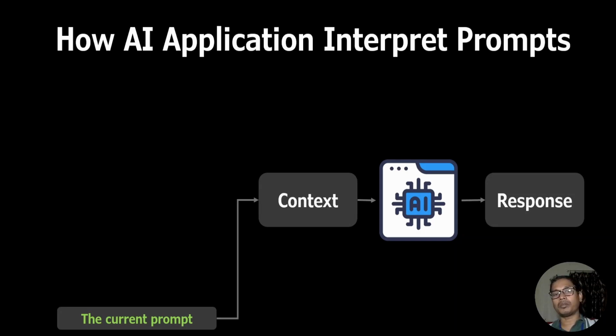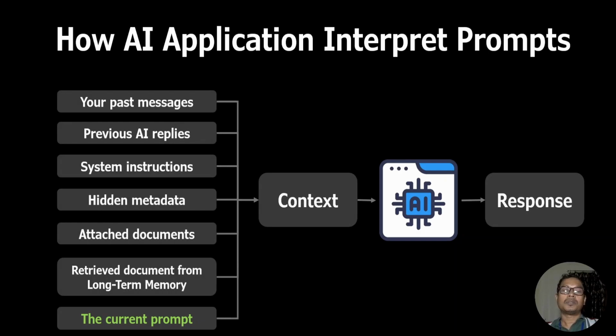When you write a prompt, they put it in their context layer, and that context goes to the AI to generate a response. But if you see, these AI tools are not sending only your current prompt. Apart from that, they send 10 different things to the context. Whatever you wrote in your past messages is also sent to the context layer. The previous AI replies, whatever the AI replied before, are also sent.